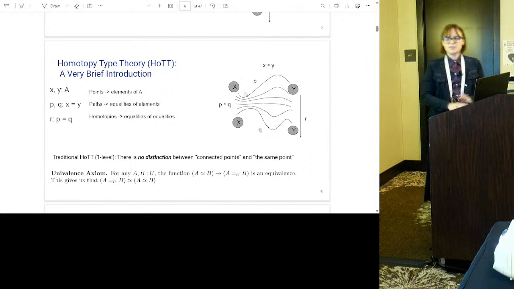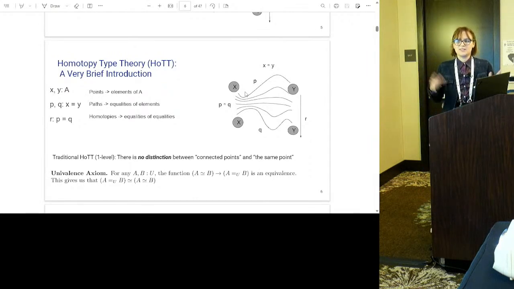So in traditional one-level homotopy type theory, there is no distinction between two points that are connected and two points that are the same exact point. So X equals Y and X equals X is the same thing, even though that might not be what you think in your head.